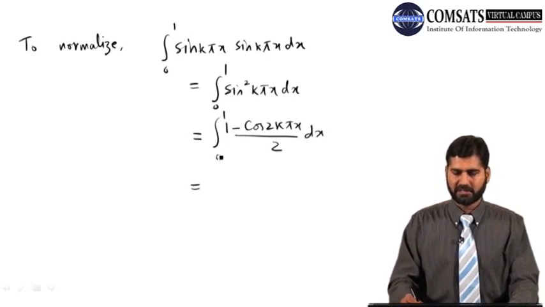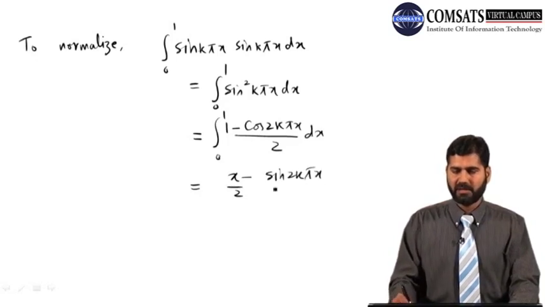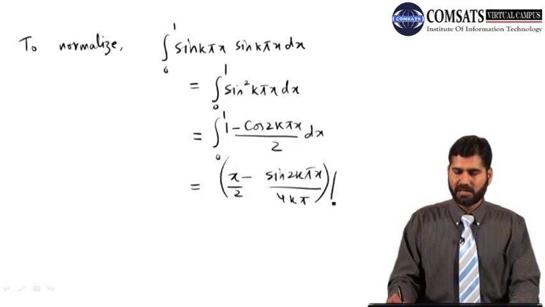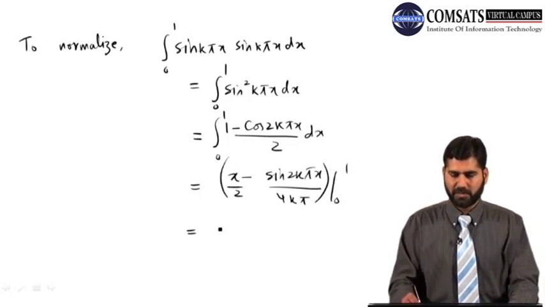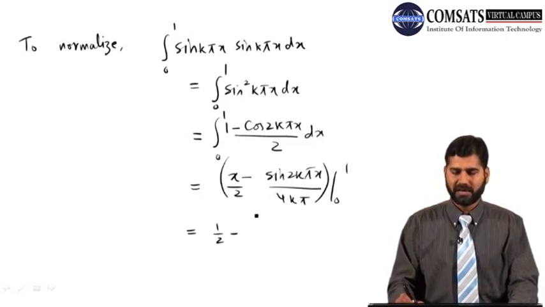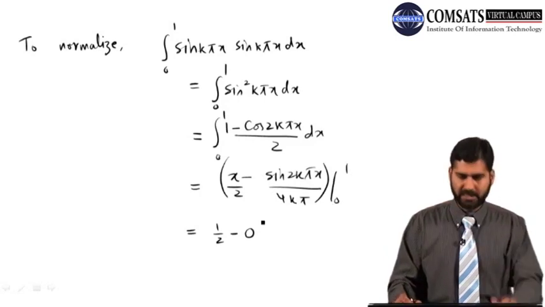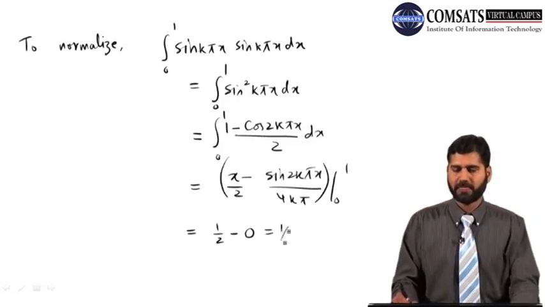This integration is a bit easier now. It's x by 2 minus sine 2k pi x by 4k pi, right? And this is from 0 to 1. If you take 1, it's 1 by 2 minus sine 2k pi, which is 0, and at 0 everything is 0. So this is equal to 1 by 2.